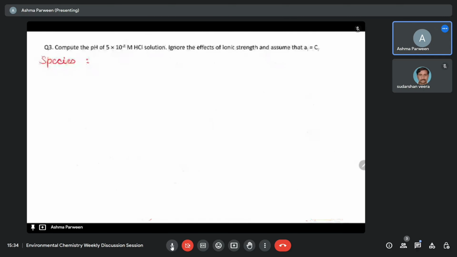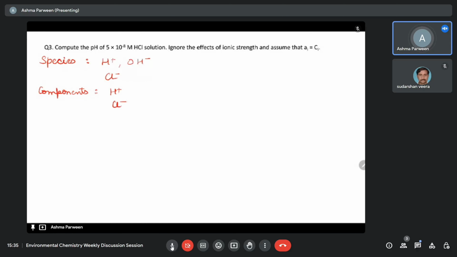Species will be H plus, OH minus and Cl minus. Of course, H2O is also a species, and components will be H plus and Cl minus.